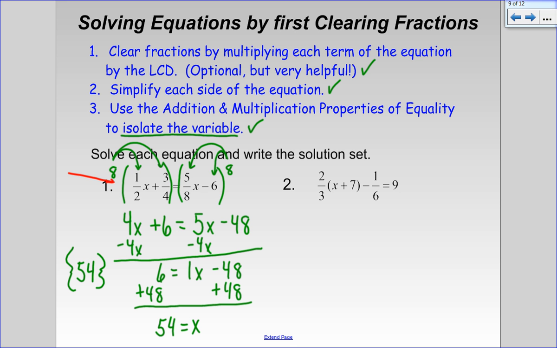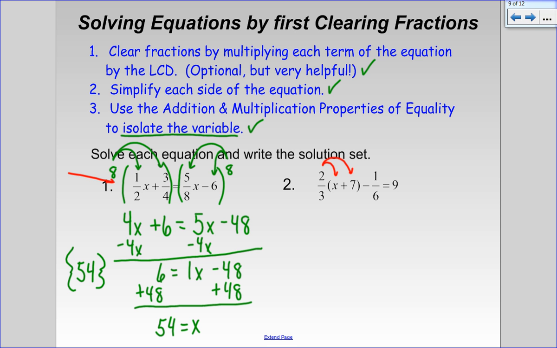Now, example 2 will do similarly, but we notice that this time we have 2/3 outside of the quantity x plus 7. So it's getting multiplied with both terms. My recommendation is to begin by, this could be done several different ways, but I'd begin by distributing the 2/3 to both terms.